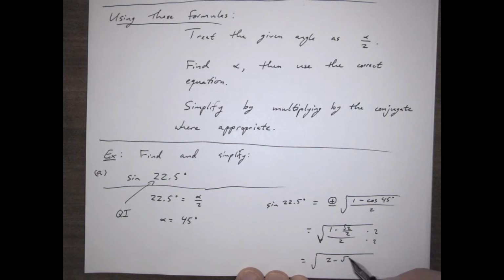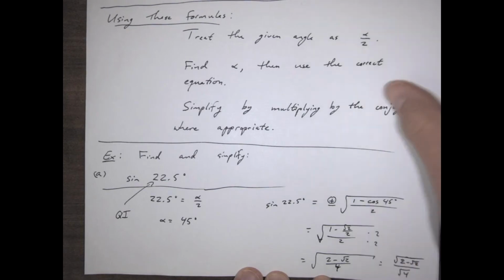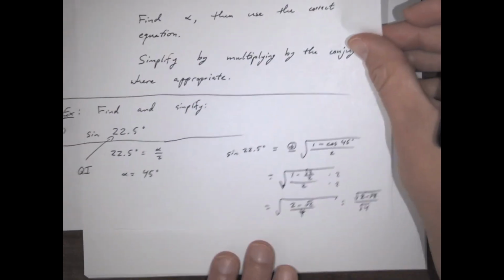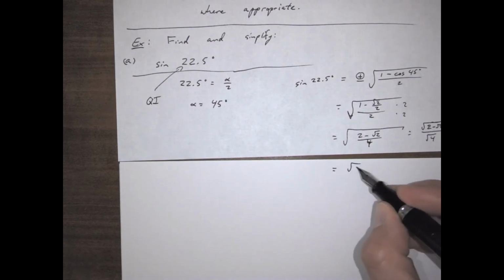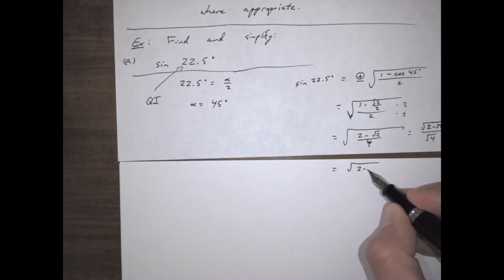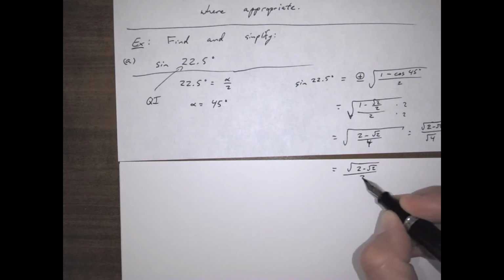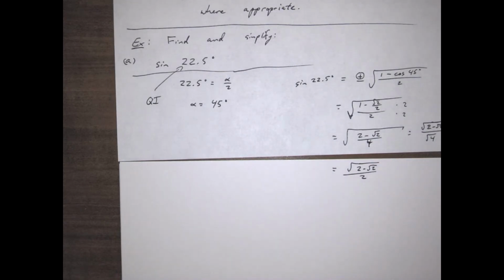So it's 2 minus root 2 over 4. And then that actually simplifies a little bit. Square root of 2 minus root 2 divided by square root of 4, which then we can evaluate. Square root of 2 minus root 2 all divided by 2. So that's the most simplified version of that we can come up with.